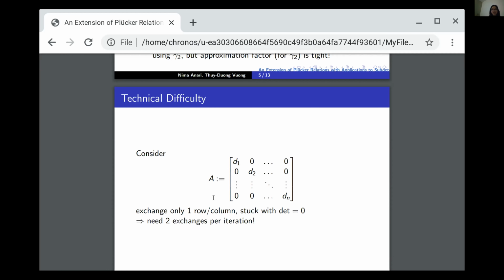If you only exchange one row or column, you will get stuck with a matrix which is a very bad approximation. So in order to get a good approximation, you need to exchange both rows and columns per iteration. You need at least 2 exchanges.